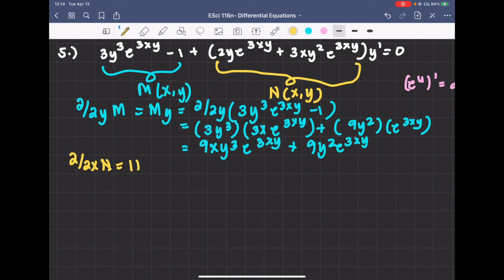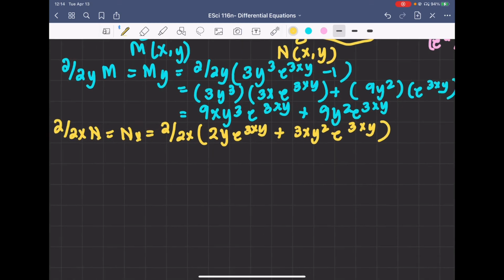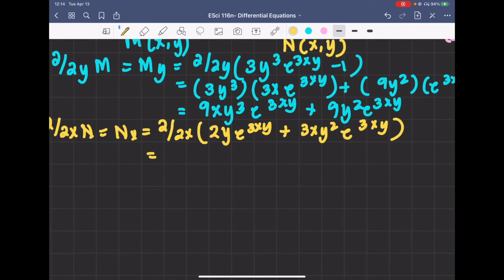or our nx. And that is, writing down our value for n, 2y e to the 3xy plus 3xy squared e to the 3xy.